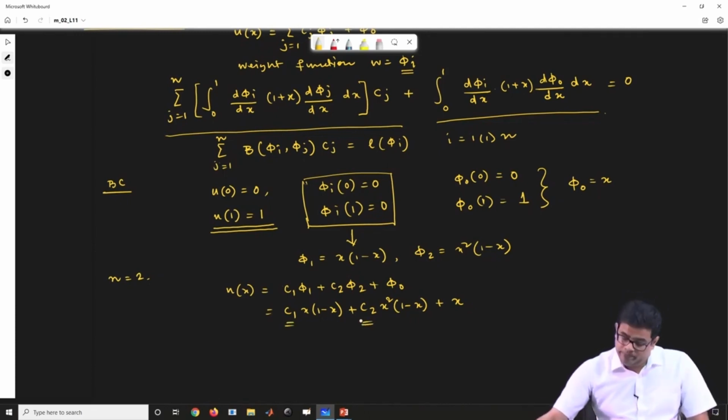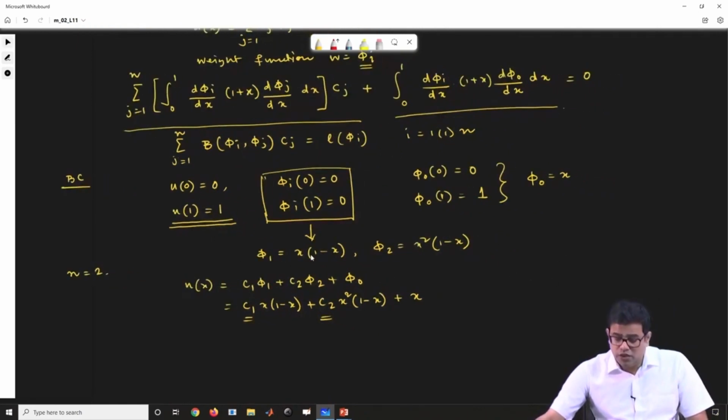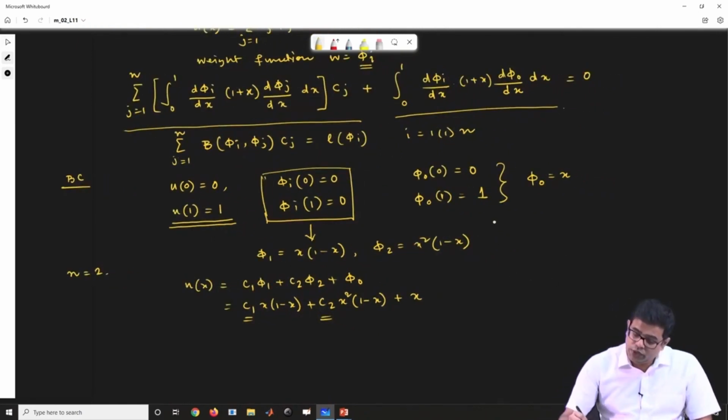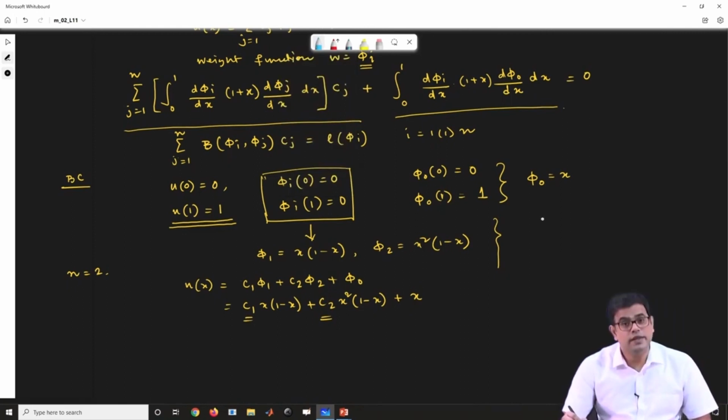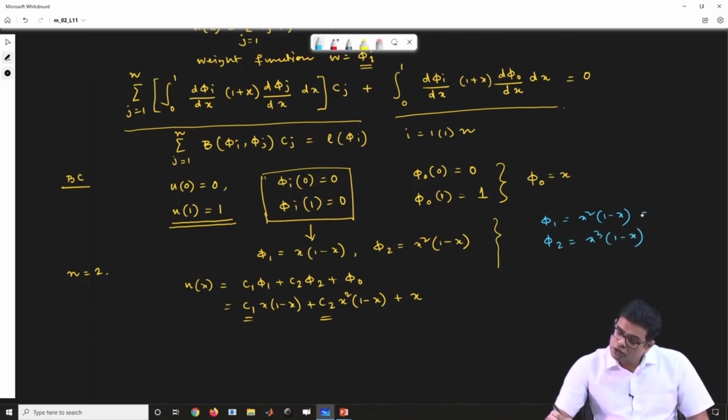Now why did I choose like this? Can I choose φ1 and φ2 as different functions? Yes, you can choose. But suppose φ1 I choose x square into (1 minus x) and φ2 is x cube into (1 minus x). Then what will happen? If you look carefully, this is x square minus x cube, this is x cube minus x to the power 4.